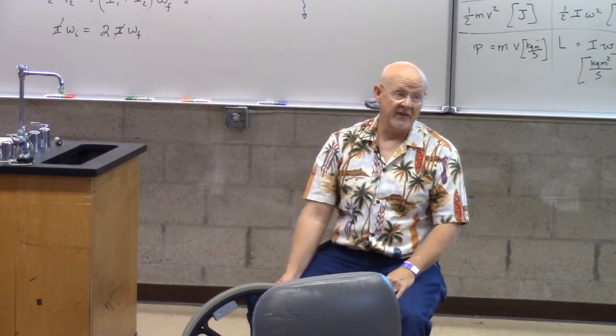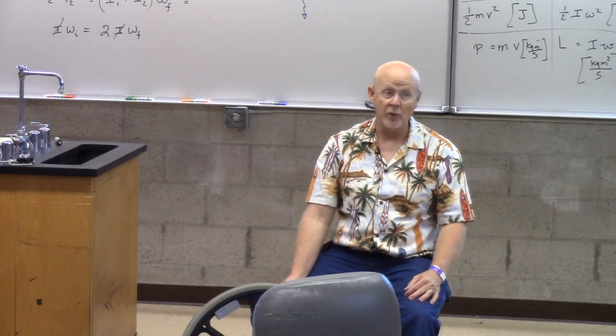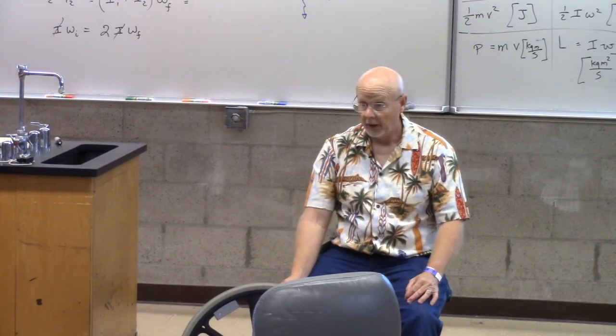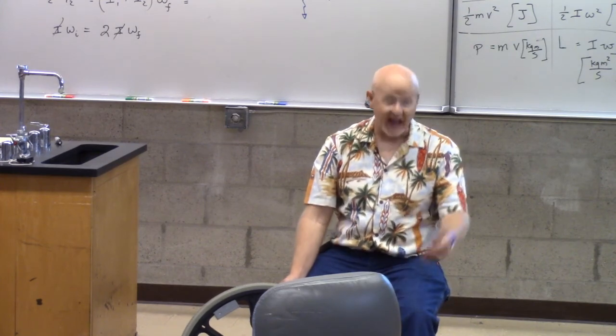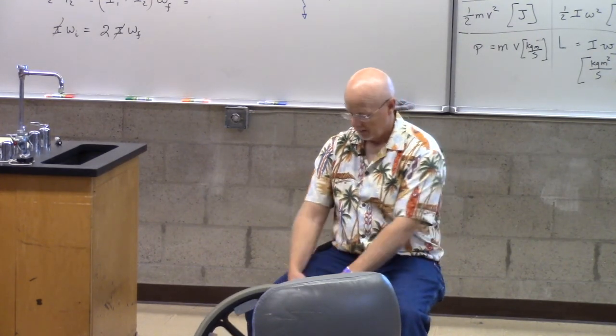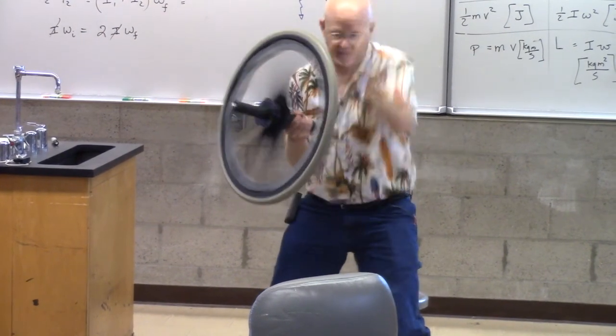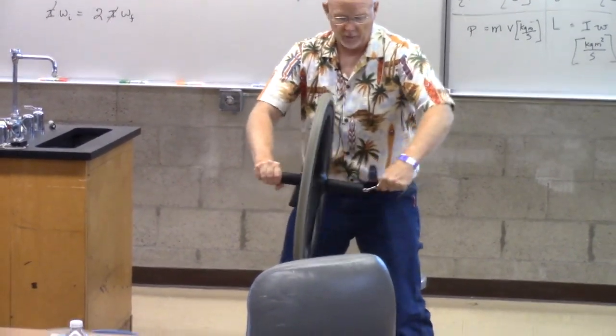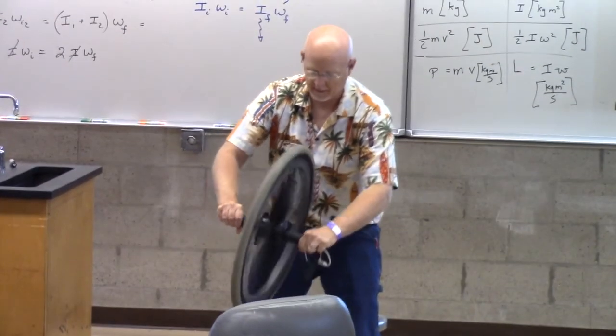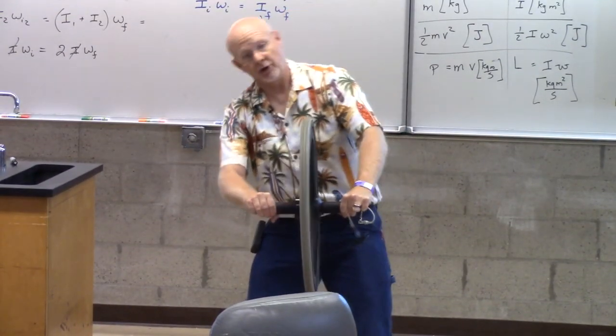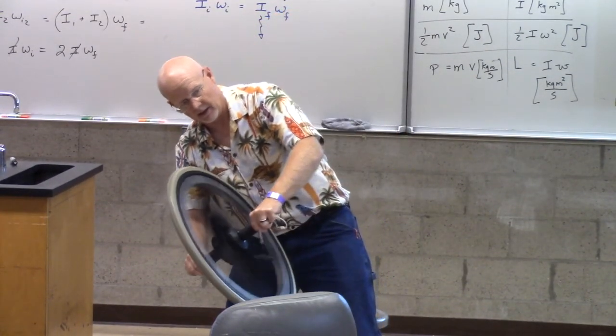And you've probably done this many times in your life, not even thinking about it. How do you ride a bike and turn, especially when you're riding a bike going fast? Well, don't you take the bike, and you got the wheel, and you're riding along. And if you want to turn to the right, don't you just lean the bike to the right?